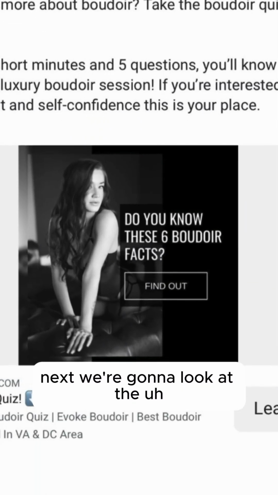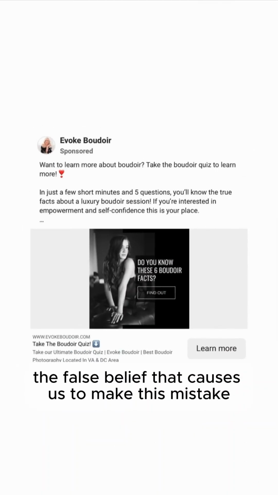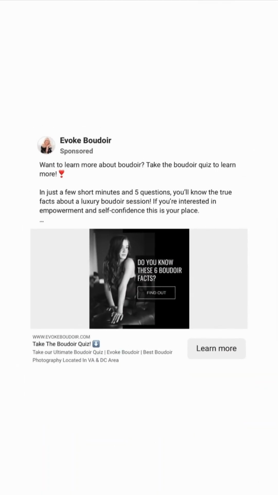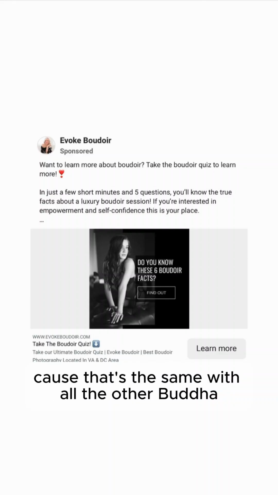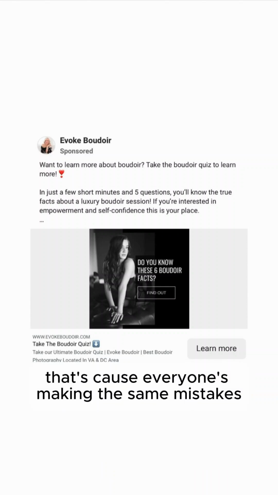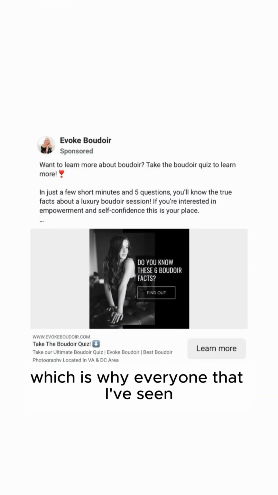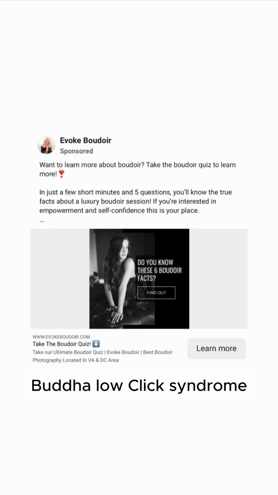Next, we're going to look at the creative, the photo. Yeah, this is the looks like an ad mistake. So the false belief that causes us to make this mistake is that we believe that our Boudoir Facebook ads should look like ads, because that's the same with all the other Boudoir Facebook ads we've seen. And well, that's because everyone's making the same mistakes, which is why everyone that I've seen the backend data for has had BLCS, Boudoir low-click syndrome.